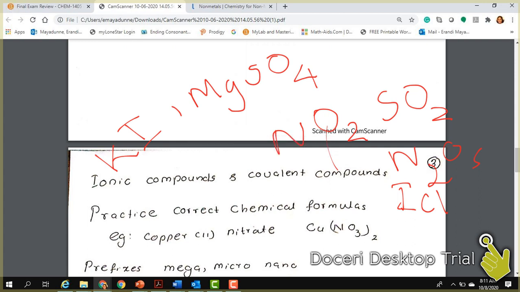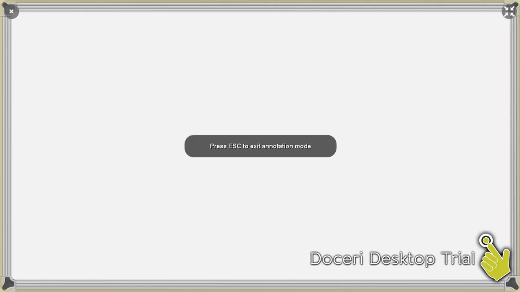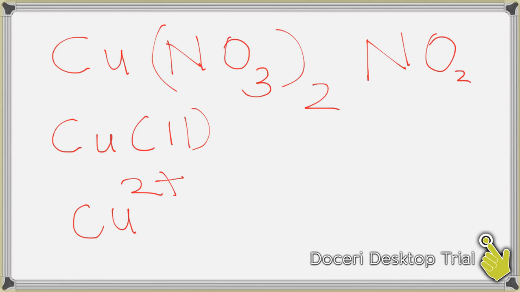You may wonder why there is a 2. The 2 comes from copper, because the charge of the copper ion is Cu2 plus. Nitrate is NO3 minus. Whenever you write a chemical formula, you write the metal cation and then the anion.